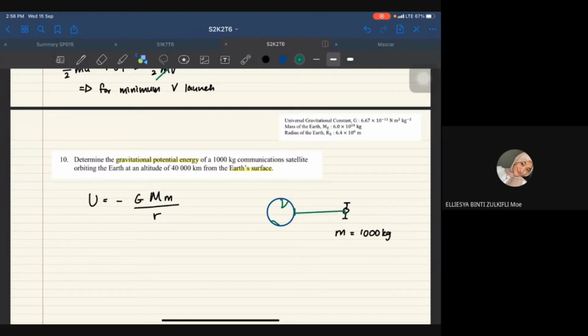Agree or not? Something like this. Yes, sir. Okay, this is your 40k. Okay, remember when you try to substitute, you have to use SI unit dalam meter.